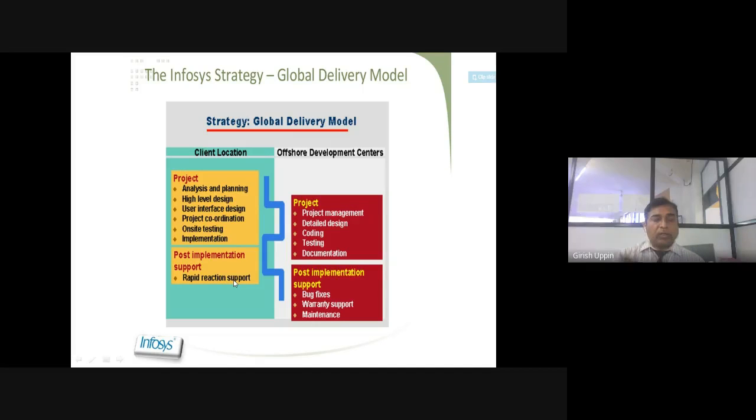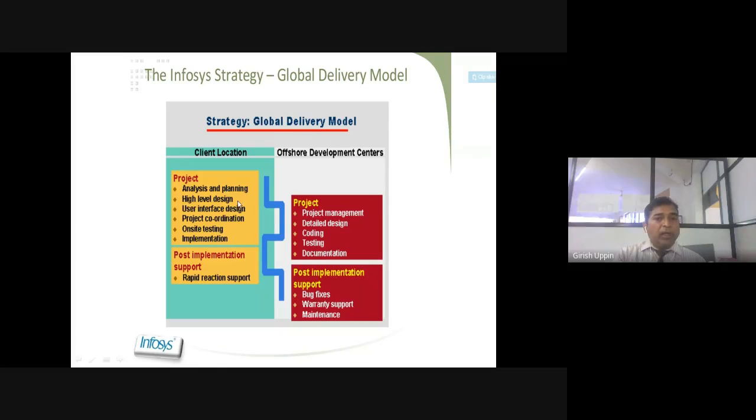Rapid reaction support is in the sense like there are some issues, like some applications whose availability should be 24 by 7, and that requires immediate attention, right? So such kind of support will be given at the client site, because they are at the client, they are working with the client, they will be easily able to work on those.